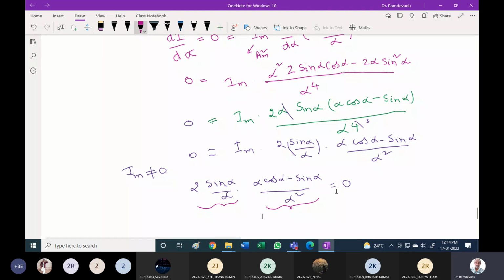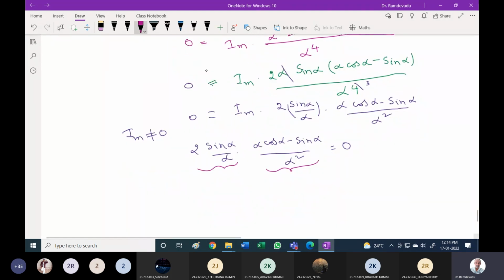If the product of two terms is 0, then either this term must be 0 or this term must be 0. Here sine alpha equal to 0 is one requirement, since alpha should not be 0 here. And the second requirement is cos alpha minus sine alpha is equal to 0.